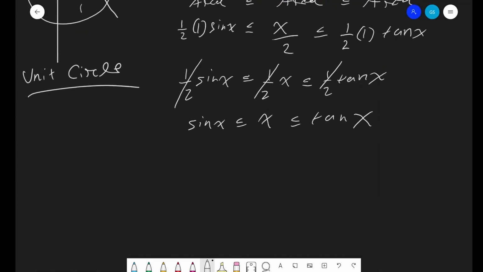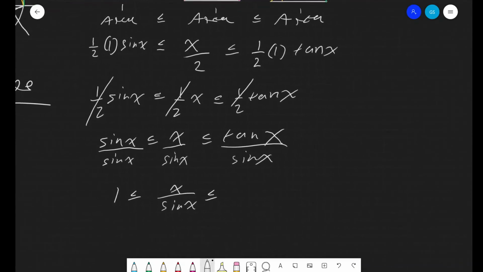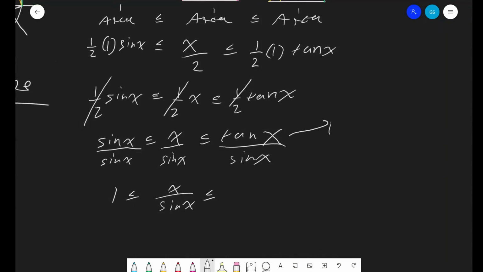Now let's say I wanted to divide everything by sine x. So I divided everything by sine x. I get 1, I get x over sine x. Maybe you see where we're going. Hopefully you know your trig well enough: tan x is just sine x over cos x.